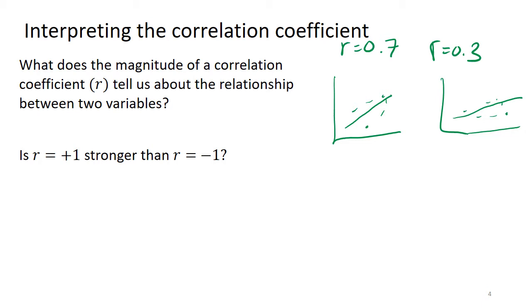No, a correlation of +1 and a correlation of -1 have the same strength. A correlation of either +1 or -1 indicates that there is a perfect linear relationship and all data points fall on the same straight line.